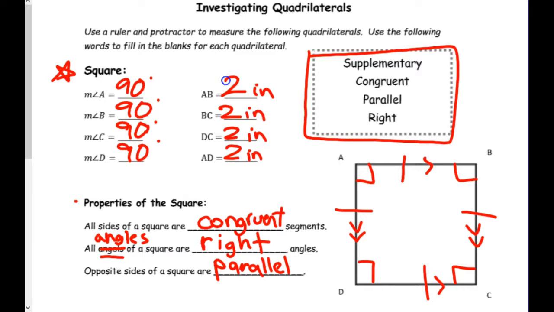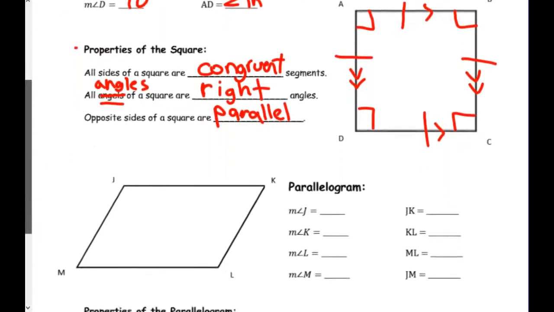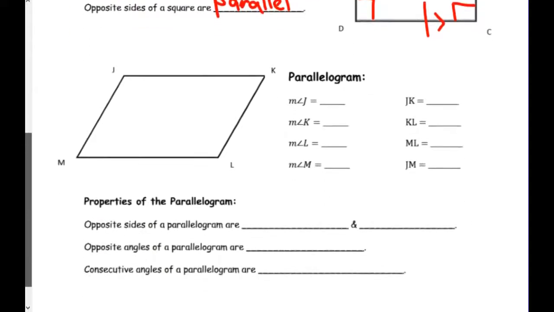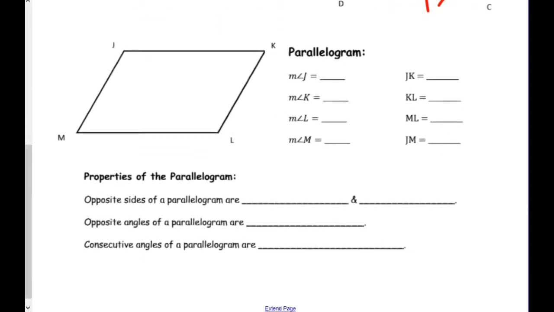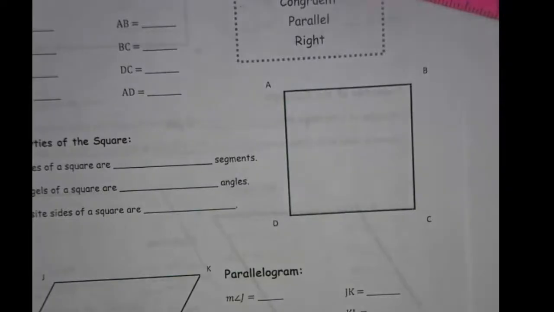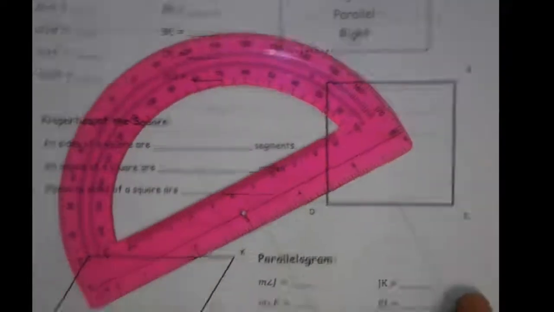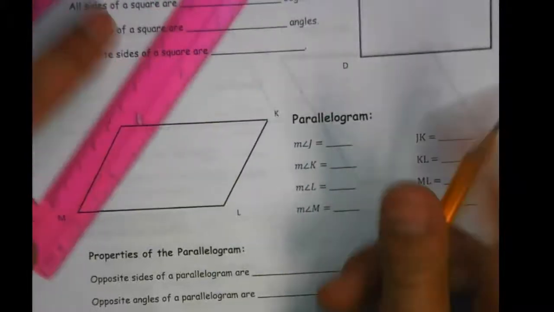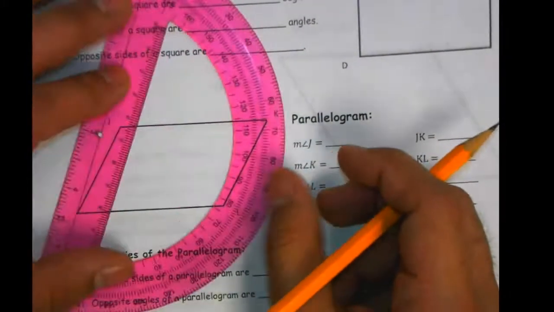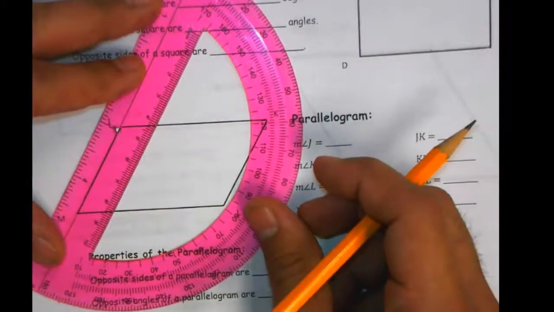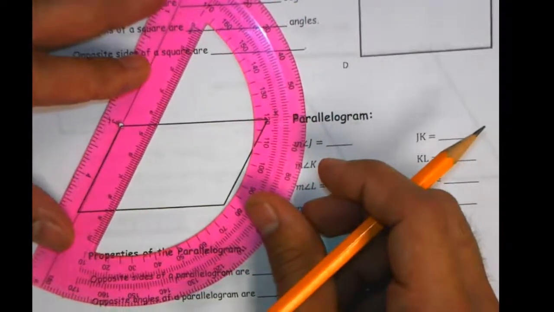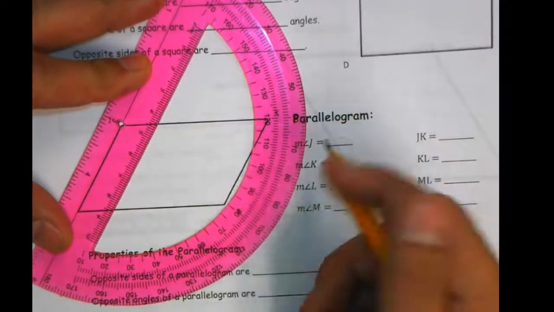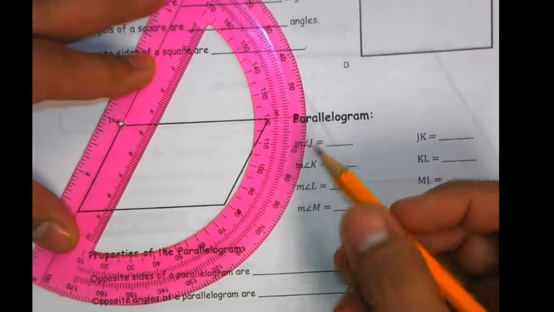So let's go down to my favorite, a parallelogram. Wait, hold on, I didn't get those. So make sure you stay on my pace, you know what I'm saying? So for parallelogram, we're going to measure these angles. So angle J, let's measure angle J real quick. So in my angle J, it's pretty close to 120 degrees, so we'll go with that, okay?